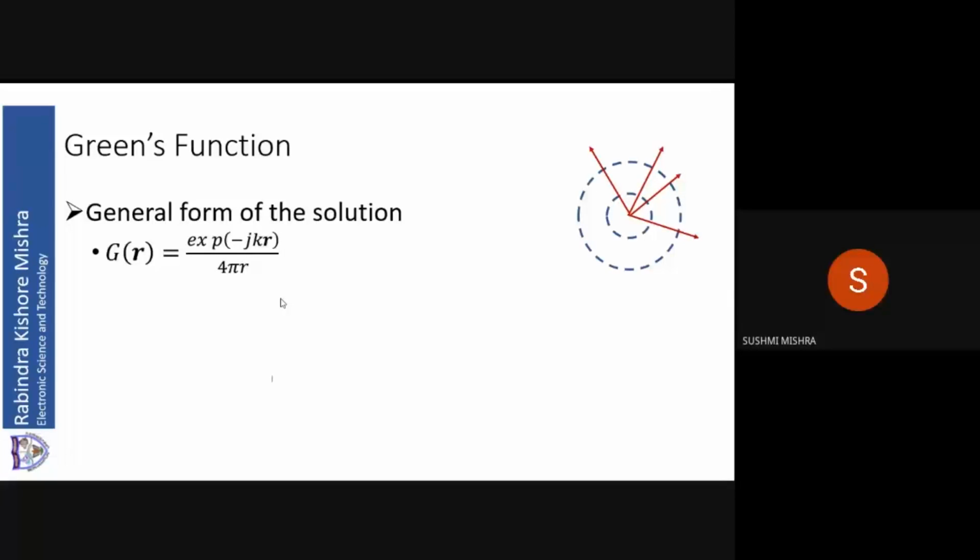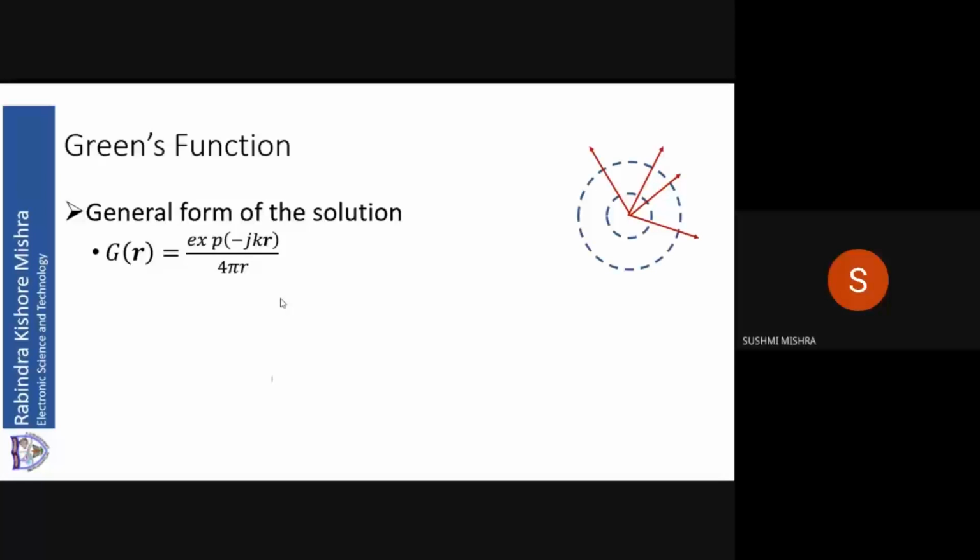If r is equal to 0, this becomes a delta function at the origin. If r is not equal to 0, then at any distance r, the numerator, which is the exponential minus jkr, remains constant if I take a constant r.